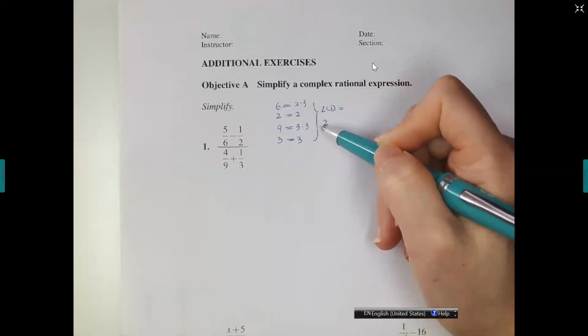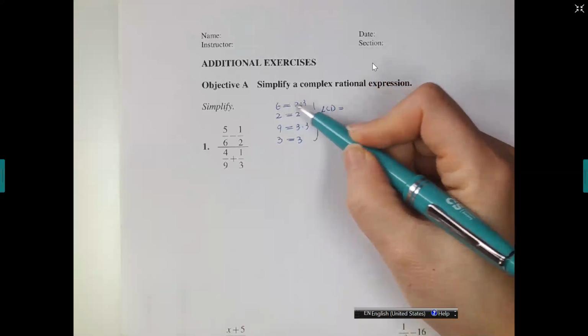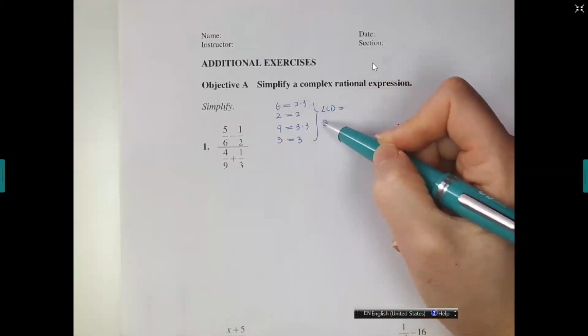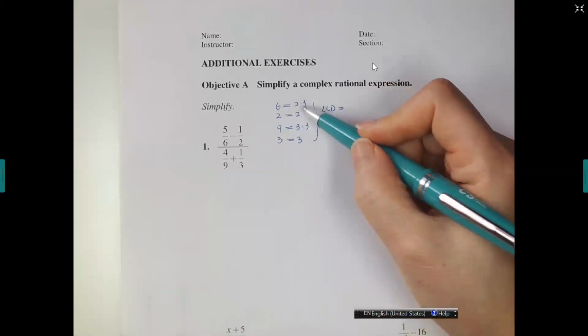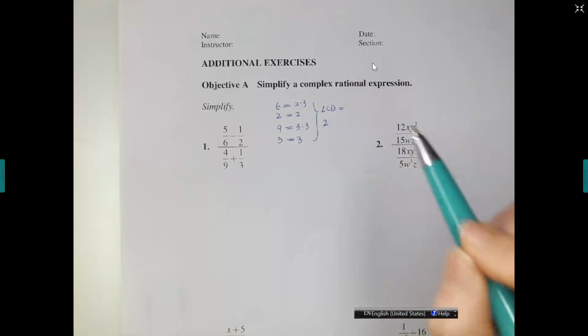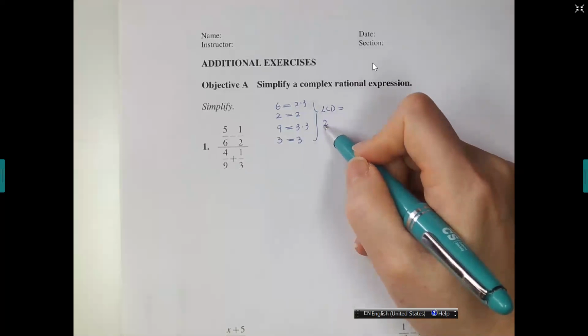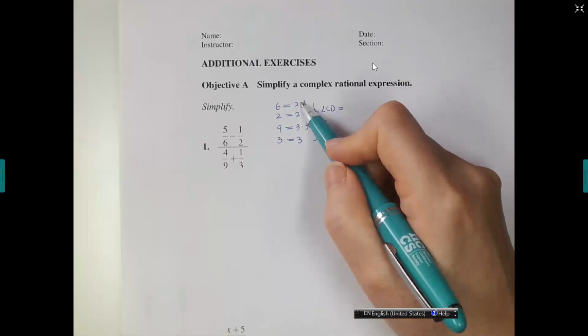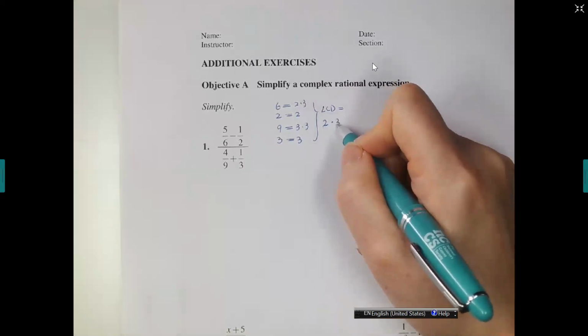So remember, I'm not counting the total. I'm looking at, in each factorization, how many times does 2 appear? 1 time, 1 time, 0 times, 0 times. So 1 is the biggest number. So it will appear once only. Then I look at the other factor, so times 3.